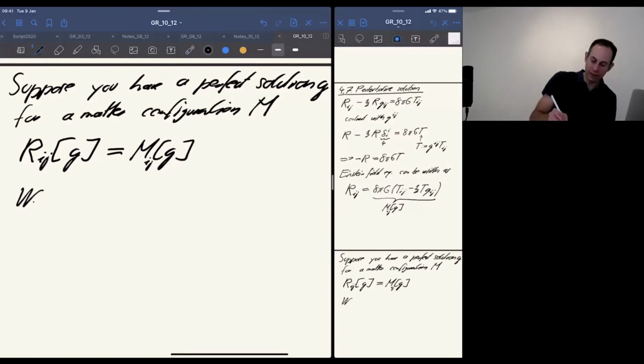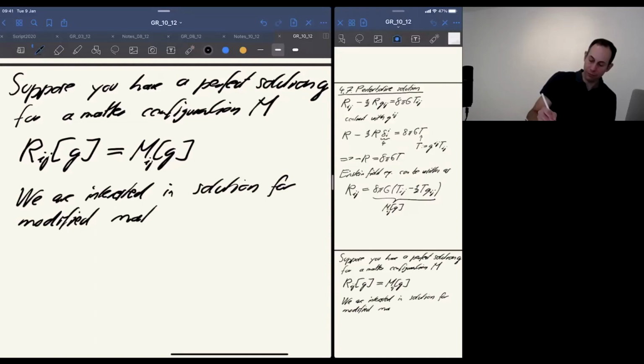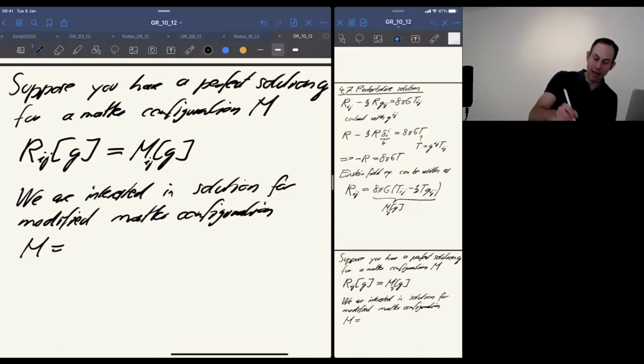We are interested in the solution for a modified matter configuration. And this modification should, of course, be small. I indicate this by saying we now have a matter configuration which consists of the original one plus some delta M. Let me not put the indices. Of course, these are tensors, so I don't need to always put indices because they're just the tensors themselves.